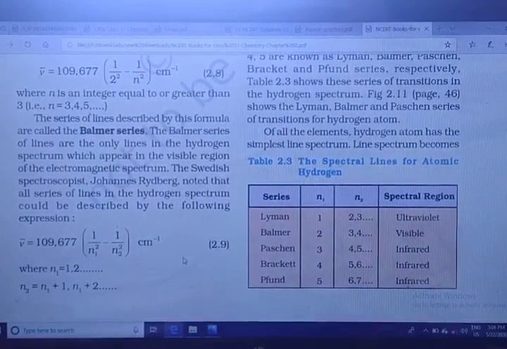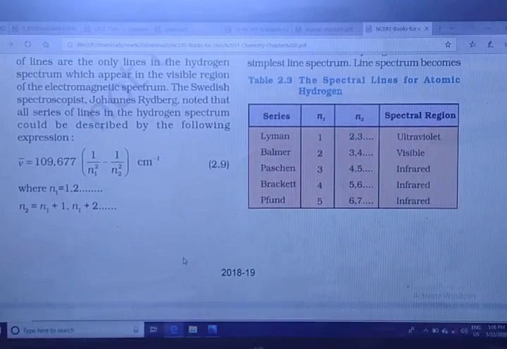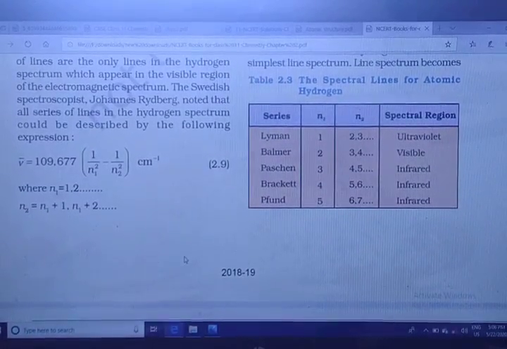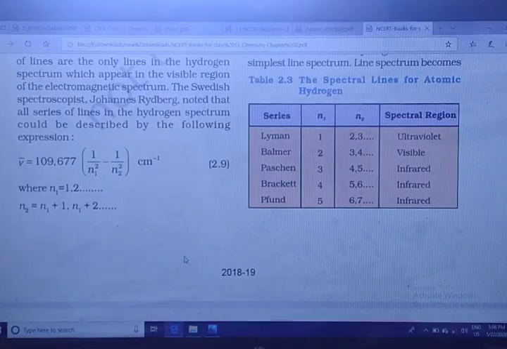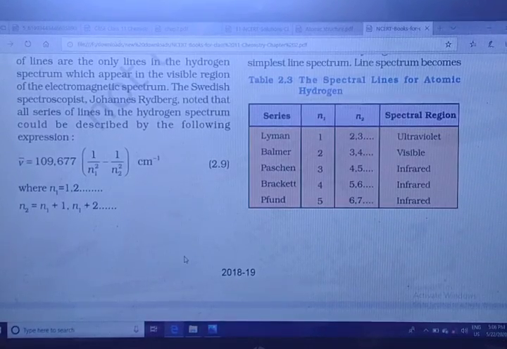Here there was a Swedish spectroscopist, Johannes Rydberg. He noted that all the series of the hydrogen spectrum could be described by the following expression: wave number is equal to 109677 into 1 upon n1 square minus 1 upon n2 square. I already described in the previous video how this formula came, n1 square and n2 square, as we have written from the Rydberg constant.